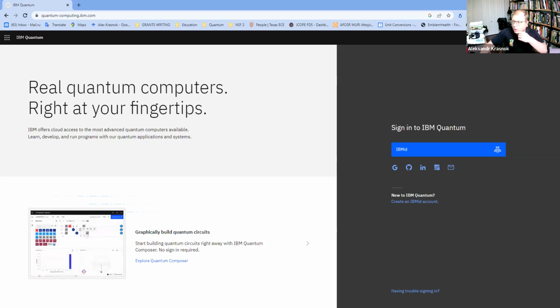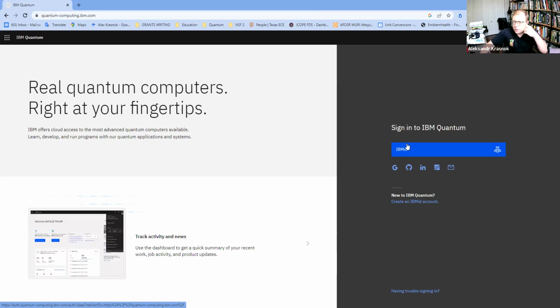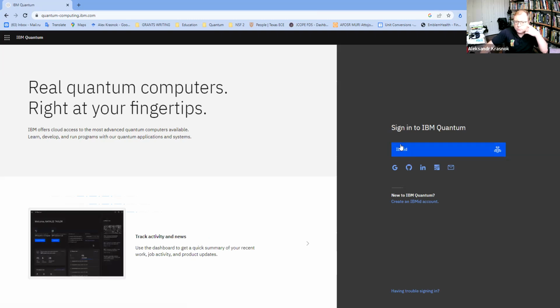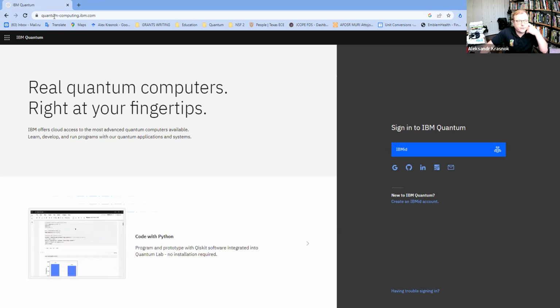So please register to this system as soon as possible if you aren't done yet. To do so, you basically Google IBM Quantum Experience, and that leads you to this website, quantum-computing.ibm.com.